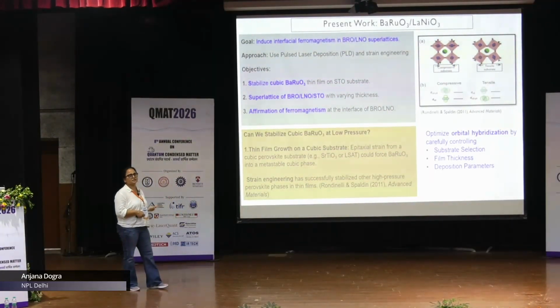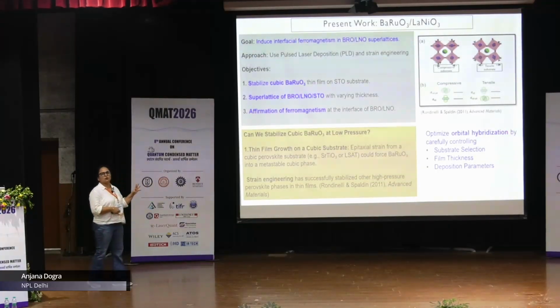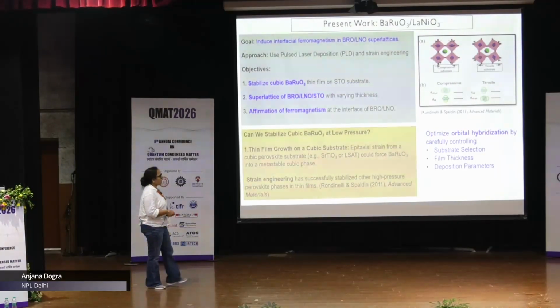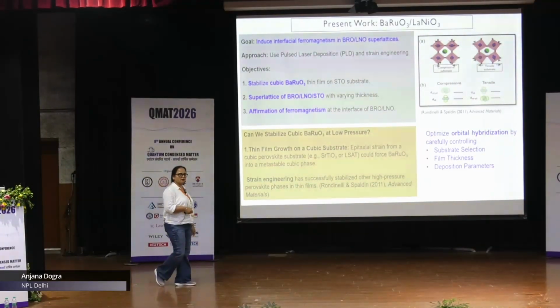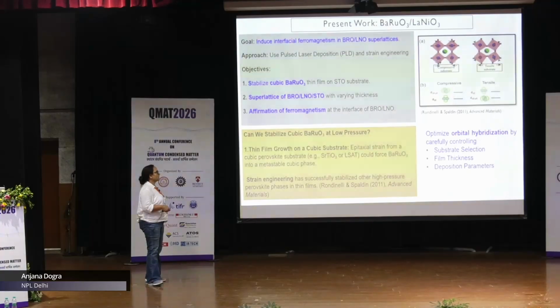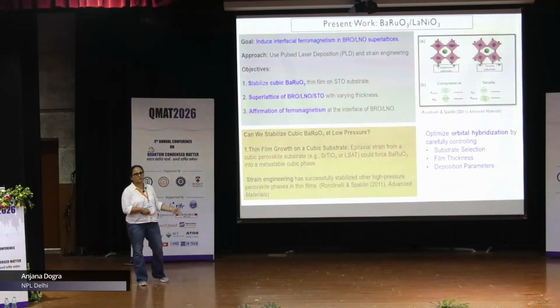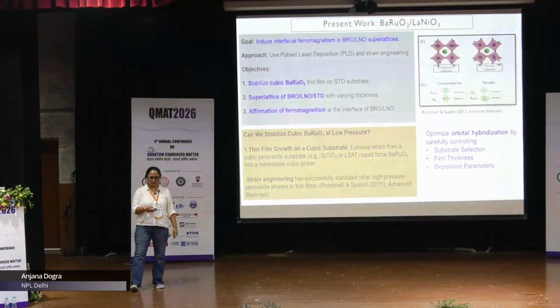So when your hybridization is changing, the strain is coming into the picture. So how will we control this orbital hybridization? By controlling the substrate selection and film thickness, and third, the various deposition parameters which are in our hand.